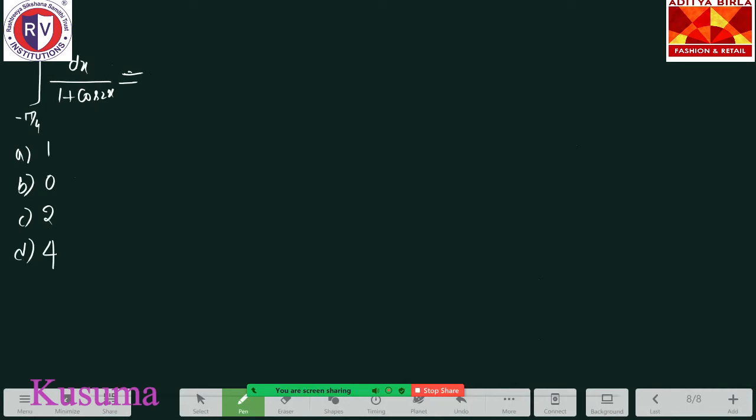So we have a standard formula for this kind of integral. We have that the integration of 1 by 1 plus cos ax into dx will be equal to 1 by a tan of ax by 2.